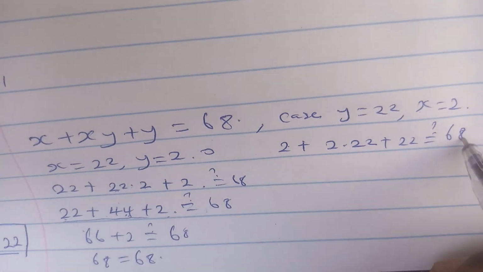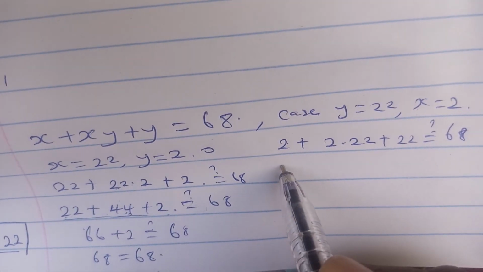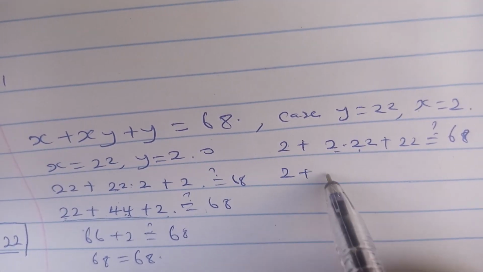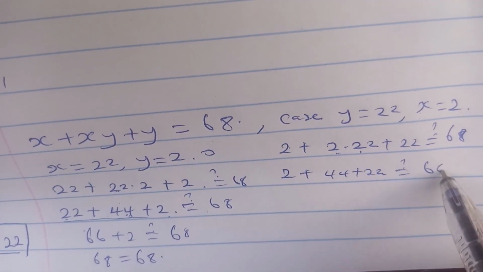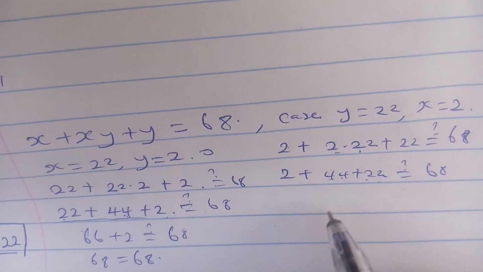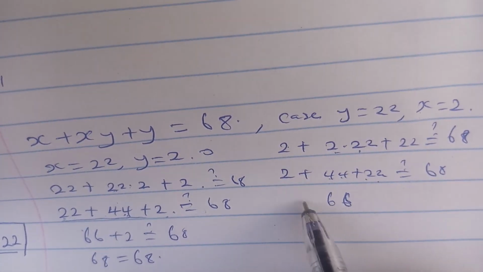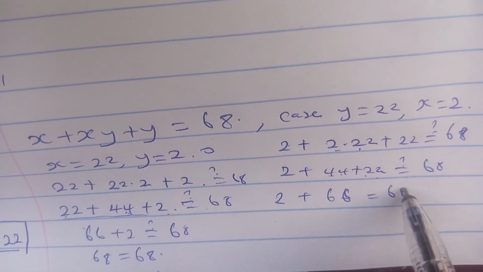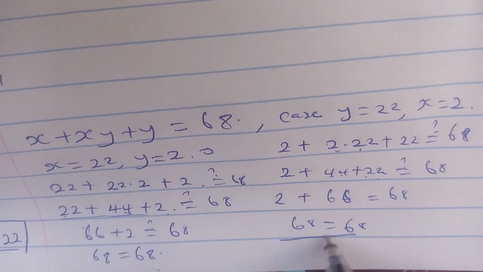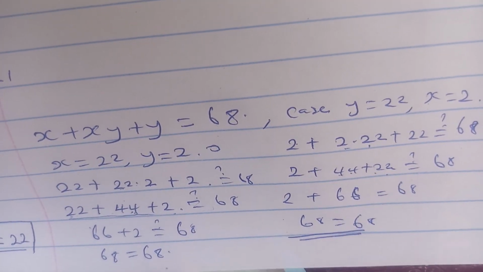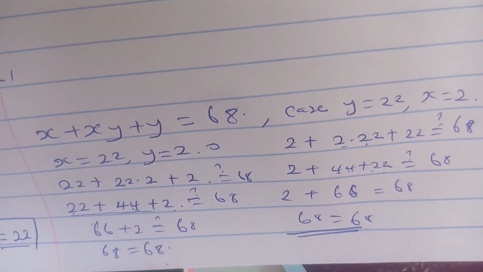If we do everything here, we have 2 here plus this times this, which gives us 44, plus 22 gives us 66, plus 2. So we have 68 equals 68. So the values of x and y in both case 1 and case 2 are correct.